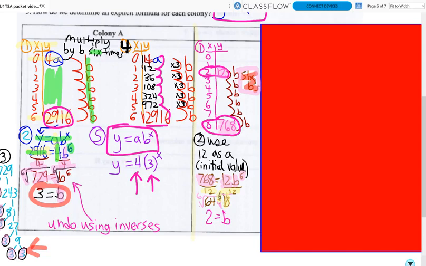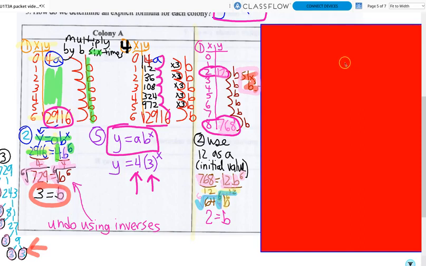Whatever I do to one side of the equation, I must also do to the other side. So if I'm taking the 6th root of b to the 6th, I am taking the 6th root of 64. 64 is from 768 divided by 12. And again, you're going to need a factor tree to figure out what multiplied by itself 6 times equals 64.